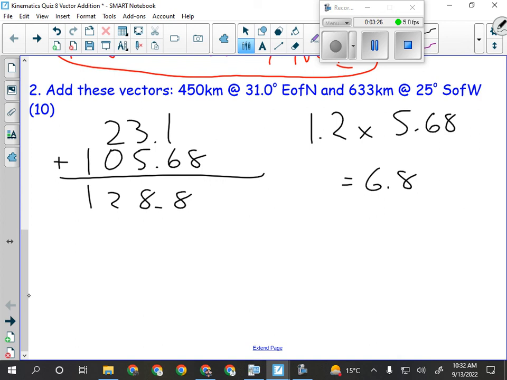Now, what numbers are significant? Any number that's actually measured is a significant digit. So, if I write this number, how many significant digits does that have? 3. I wouldn't have written that 0 if I hadn't measured it to be 0.